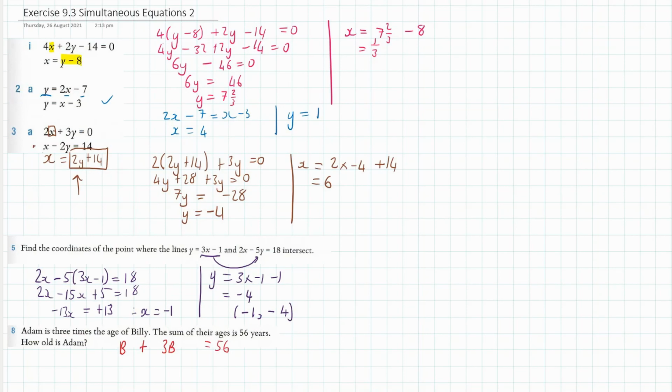Adam is 3 times the age of Billy, the sum of their ages... Okay, so it's just simply 4b is equal to 56. And therefore, Billy is equal to 14. And Adam is 3 times that, which is 3 times 14, 42. I think that's all that is, and I don't know why that was chucked in that exercise, because it's not a simultaneous equation. But there you go.